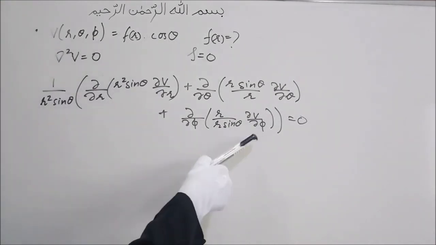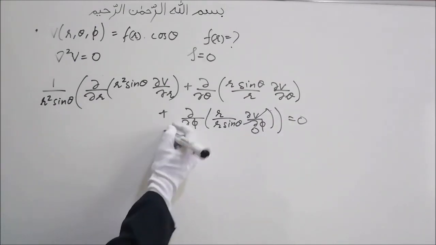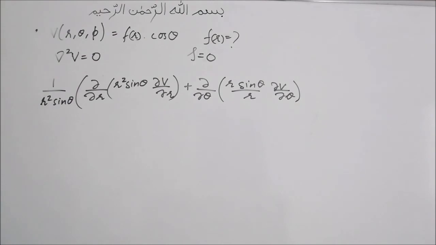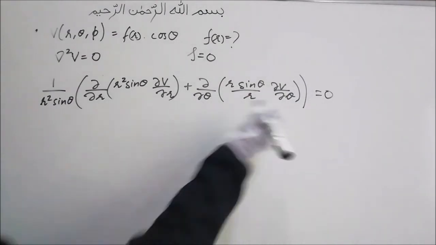This V does not contain any phi term, so this term is equal to 0. We'll remove this entire last term.